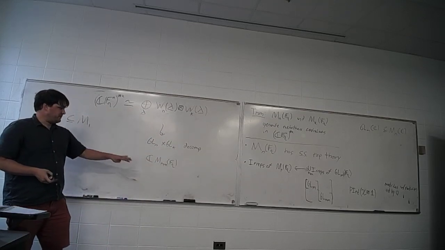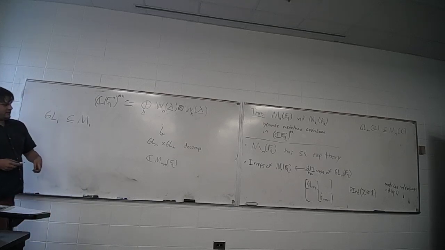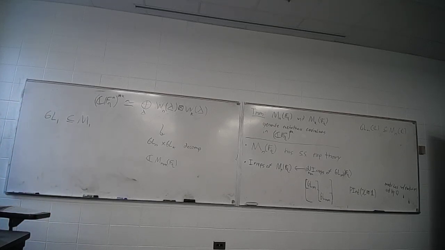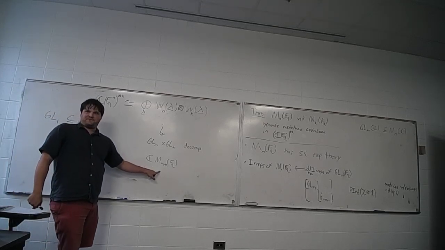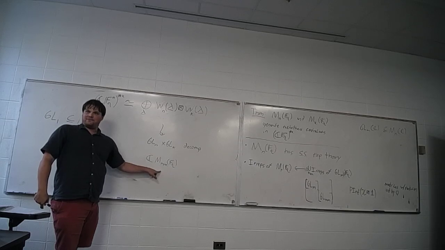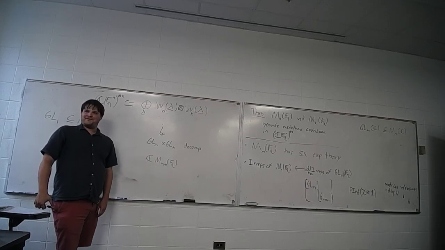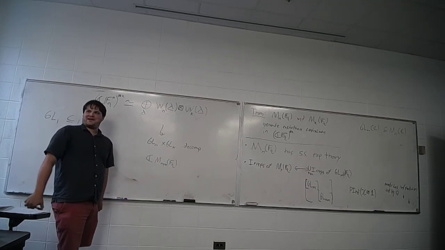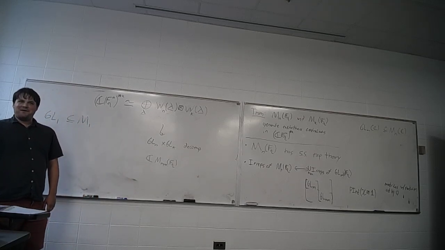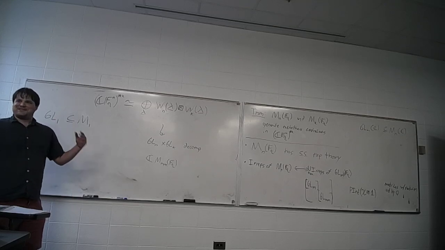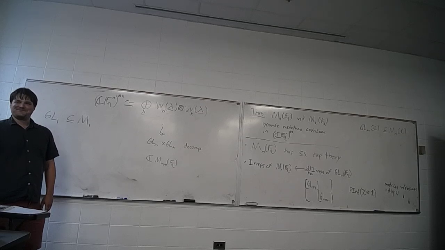Maybe I have to twist one of them to make it a left action. But this is very analogous to the space of functions from k to n. This is like the space of linear functions from Fq^k to Fq^n. And so somehow the fact that this doesn't work for symmetric groups is mysterious to me.